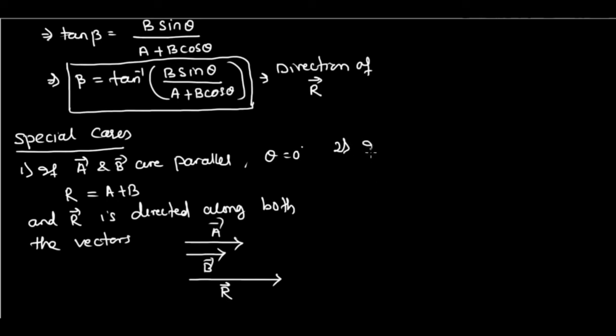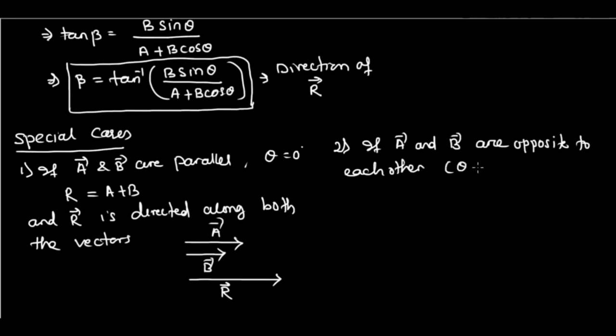The second case is if A vector and B vector are antiparallel or are opposite to each other. In that case, the angle theta is how much? The angle is 180 degree.